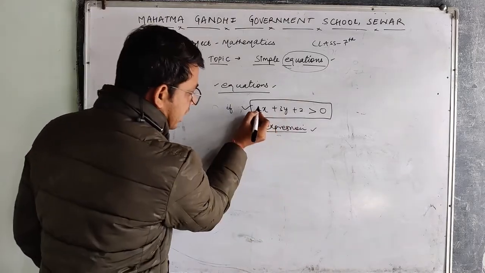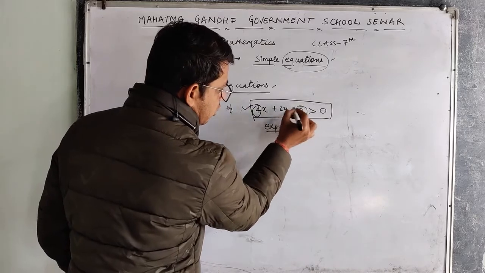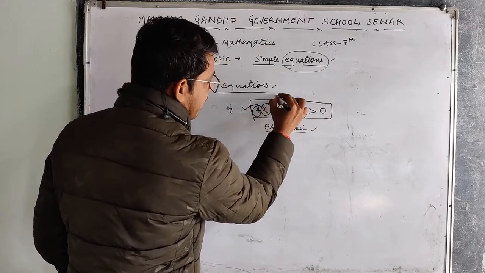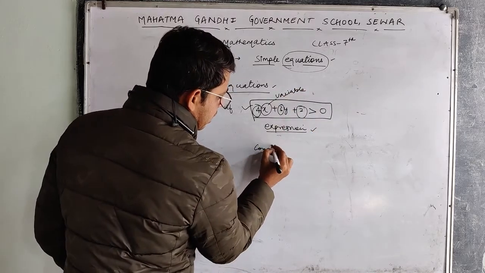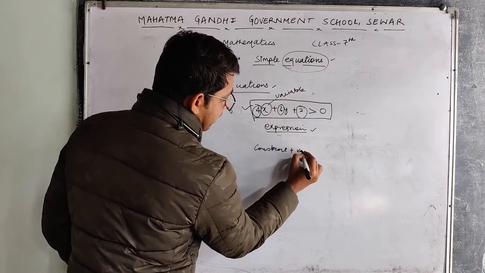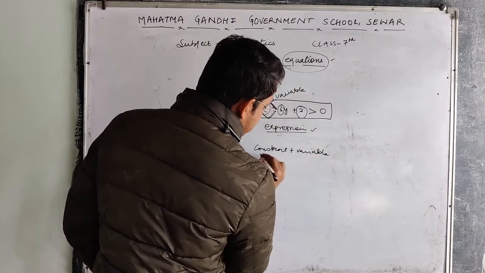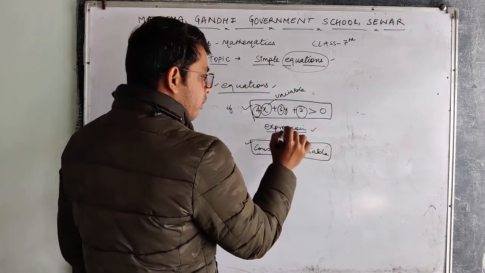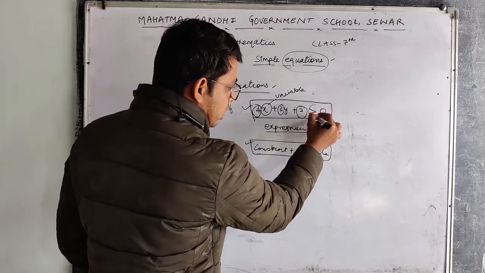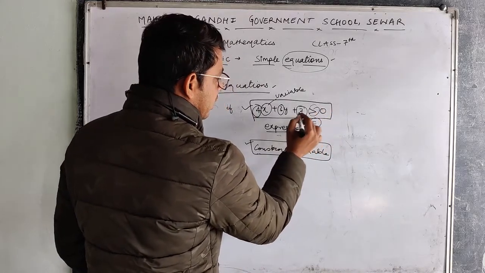One is constant, this is constant, and this is variable. It is a combination of constant plus variable, but there is no sign of equality.